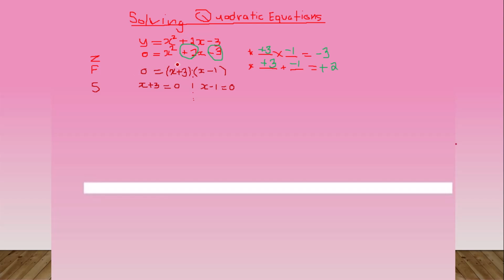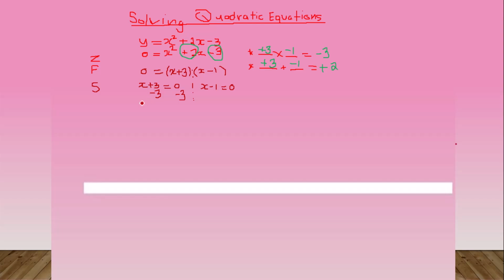So we assume that each of these factors is a 0, since when they multiply together, we have a 0, and that is why we equate each factor to 0. So x plus 3 equals 0. In order to solve for x, we carry out opposite operations to move terms to opposite positions across the equal sign.